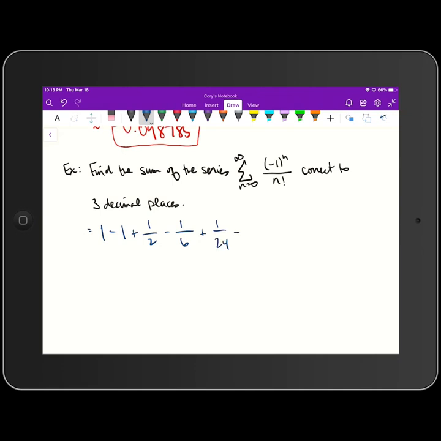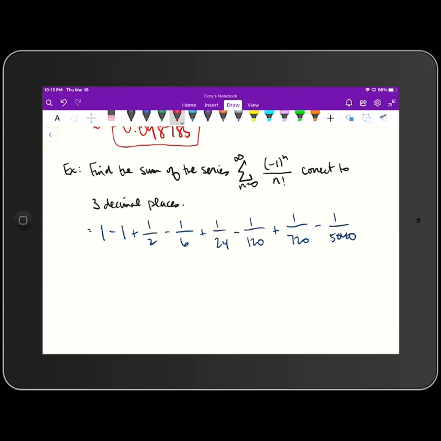The 5th term is negative 1 over 5 factorial, which is negative 1 over 120. The next term is positive 1 over 6 factorial, which is 720. The next term is negative 1 over 7 factorial, and 7 factorial winds up becoming 5,040.